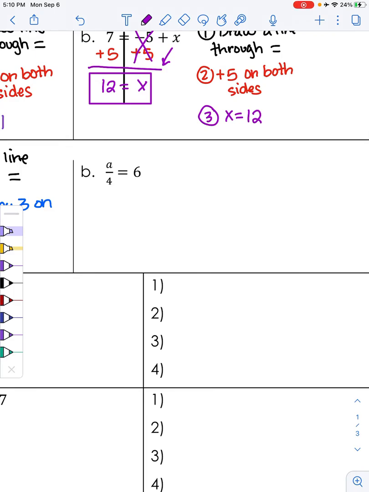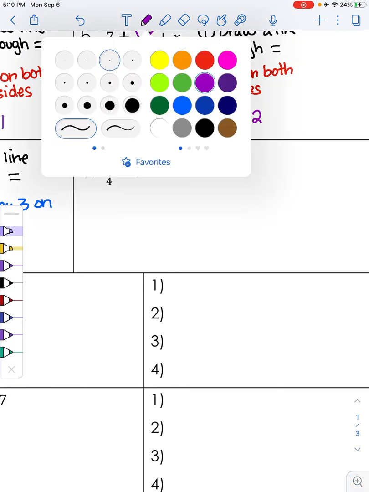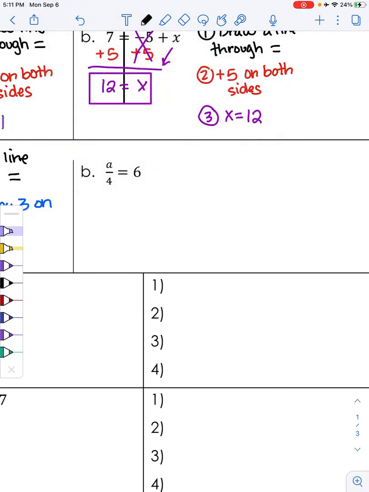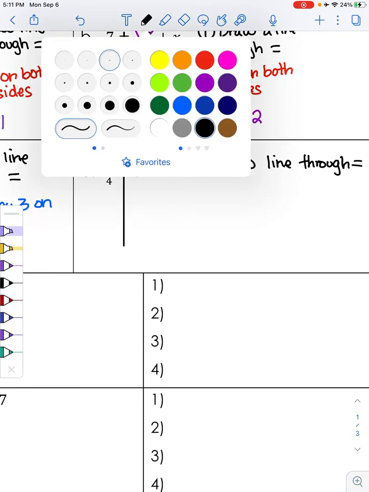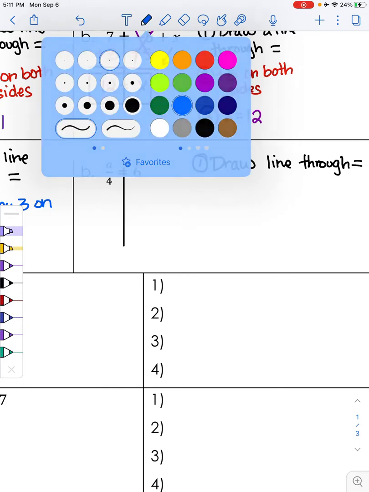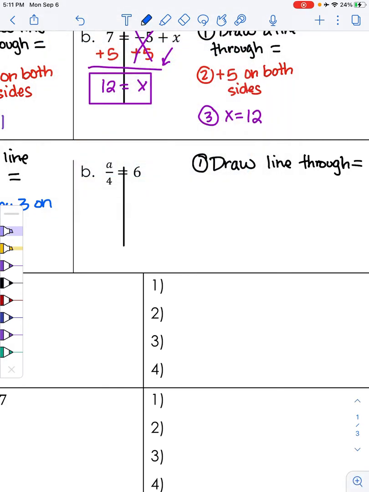Looking at part B, we have a divided by 4 equals 16. Our first step is to draw a line through the equal sign. Step 2, I realize that I'm dividing by 4.